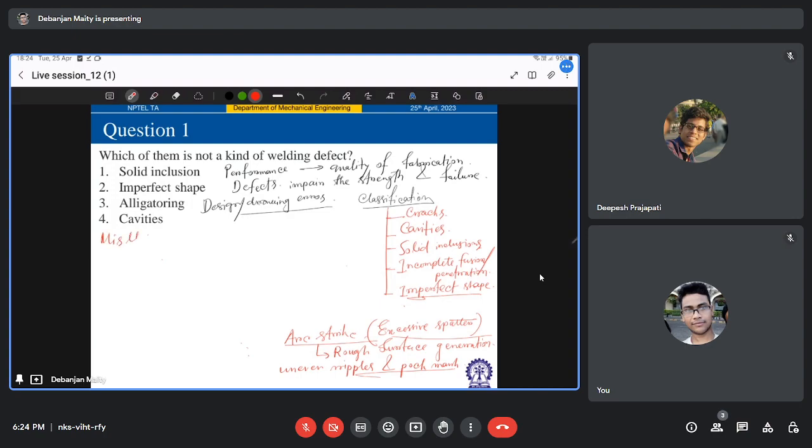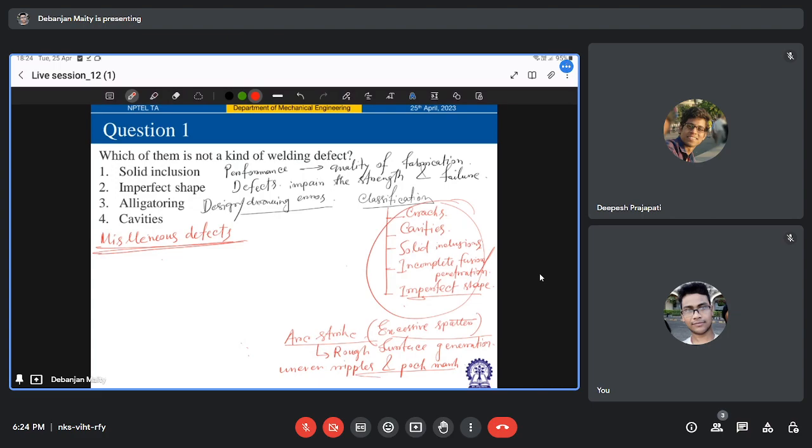Whatever I am talking additionally from these things can come under miscellaneous defects. It's not obvious that every time you are getting these kinds of defects; there are a lot of other defects also which you can get during your experimental observations.